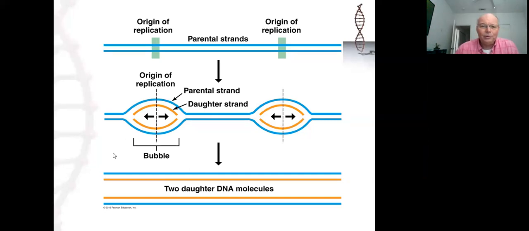And eventually, as all the bubbles merge and all the fragments get linked together, you wind up with two daughter DNA molecules. And these would be the two sister chromatids.